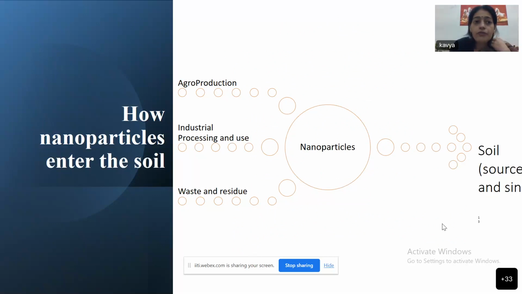It is not that if you have made a beautiful sun cream or shampoo or perfume or a very amazing nanotechnology device or agricultural tool, you have done your job. If it goes to waste, suppose the shampoo goes into the wastewater, and eventually through that wastewater stream the nanoparticles enter into the soil, which acts as source and sink for everything.